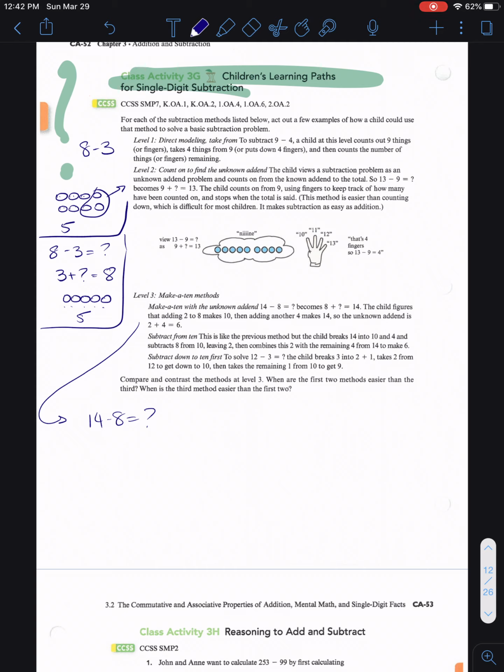If we are using the make a 10 with unknown addend, then we say, okay, 8 plus what equals 14? We could say, well, we know that 8 plus 2 is 10, plus 4 is 14.